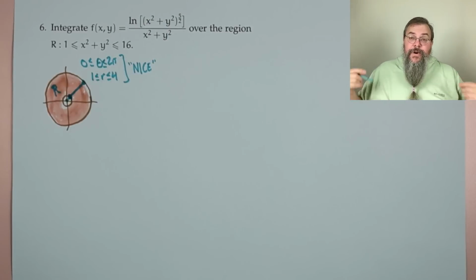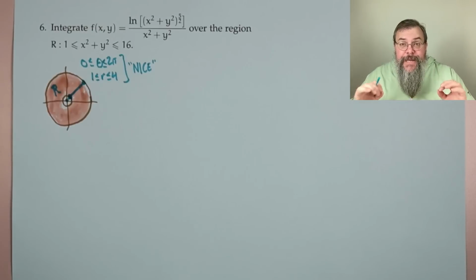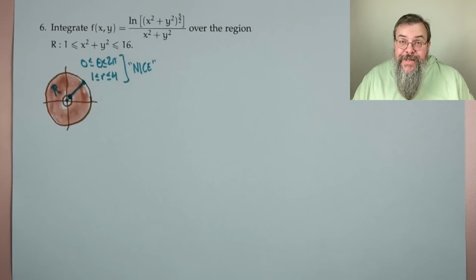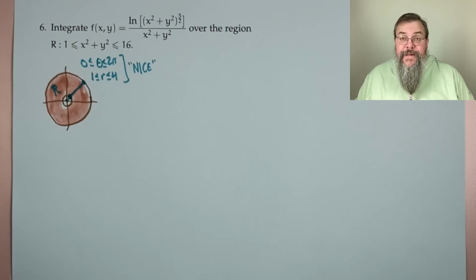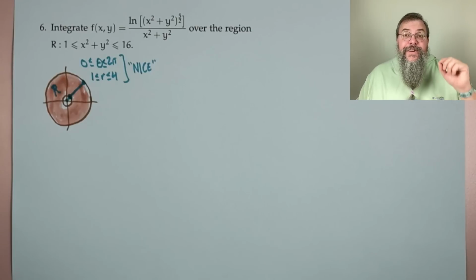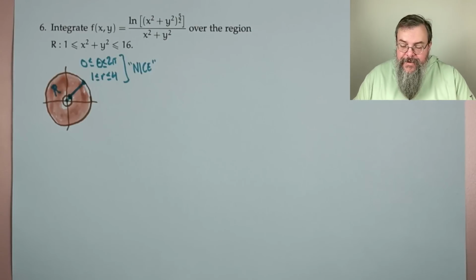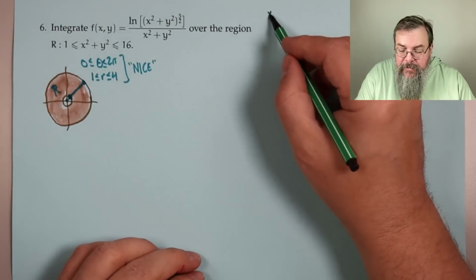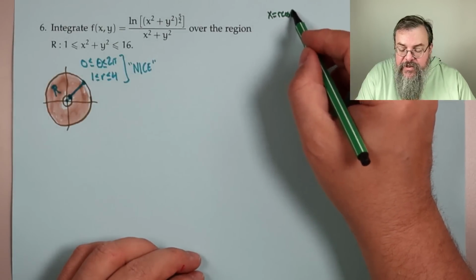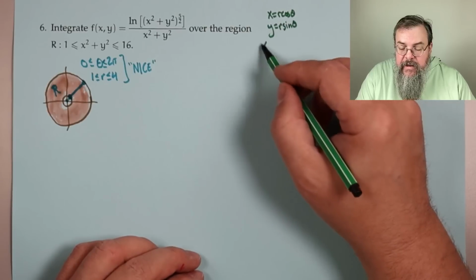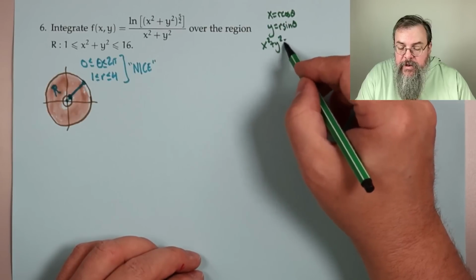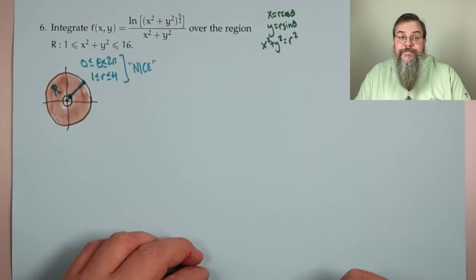And x squared plus y squared is a prime candidate to work in polar, because in polar, x squared plus y squared has a very simple expression. It's r squared. So remember, we have our basic rules. x is r cosine theta, y is r sine theta, x squared plus y squared equals r squared.